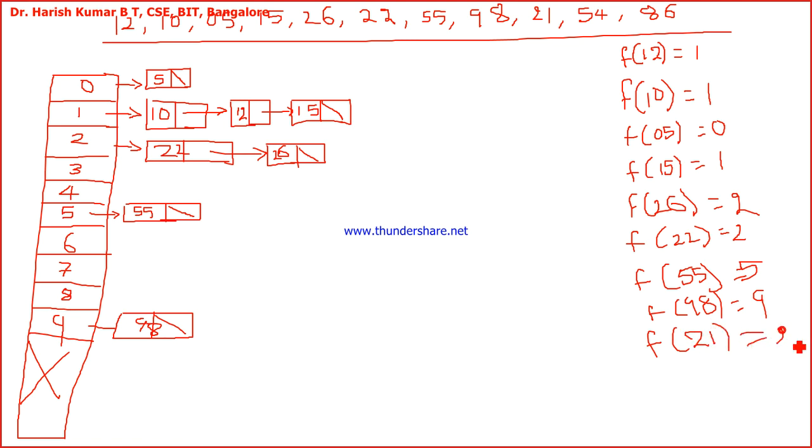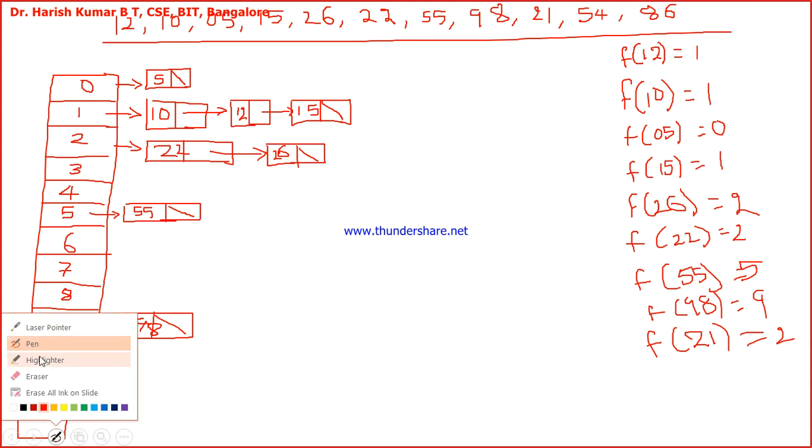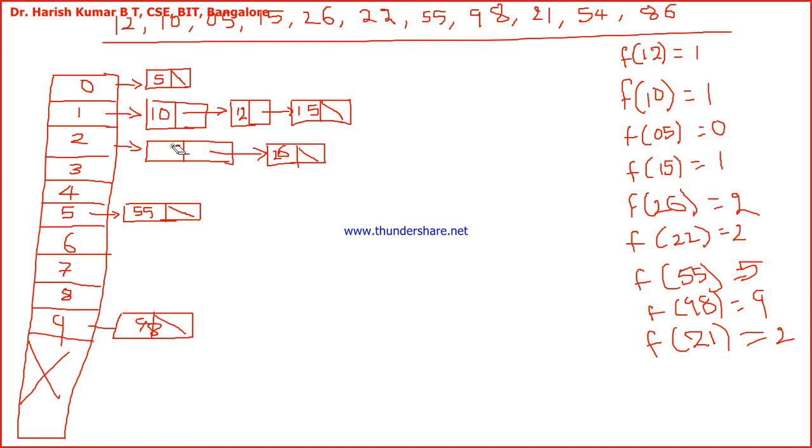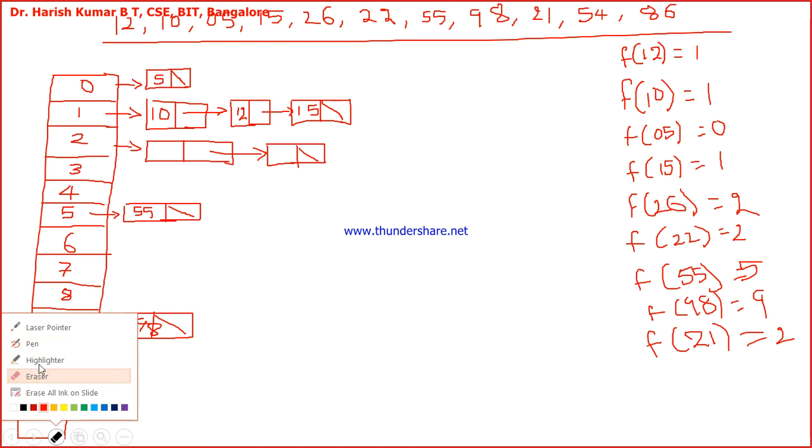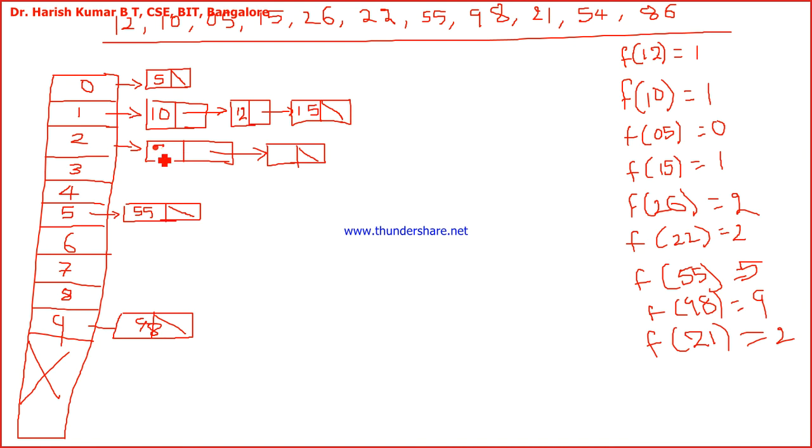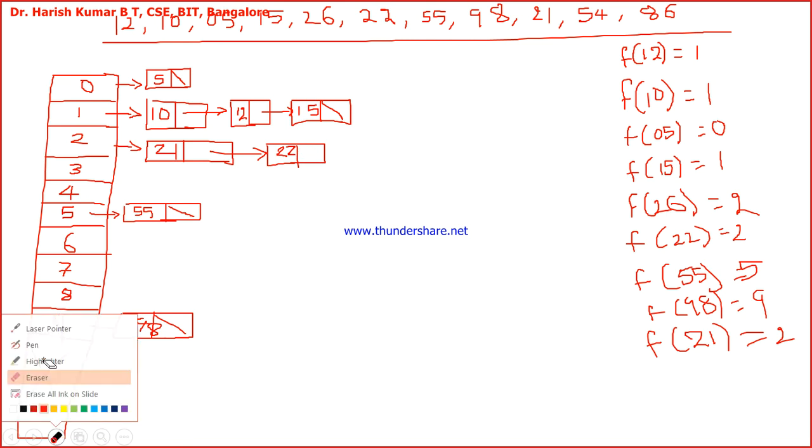is equal to 2. It goes to this. So in this I have already 22 and 26, but 21 is less than 22, so I have to perform the insert front operation. 21 here, and then 22 here, and finally 26.